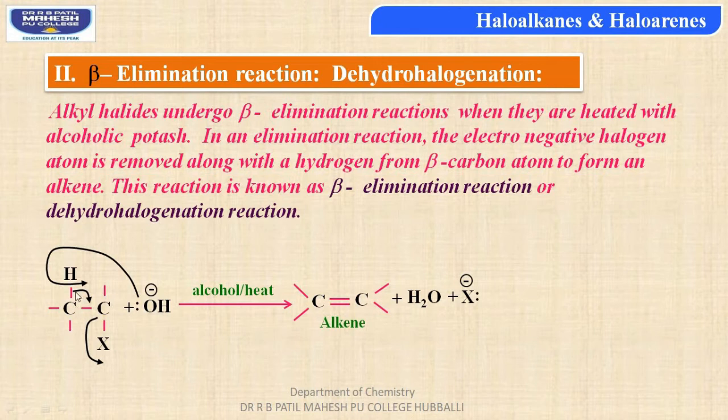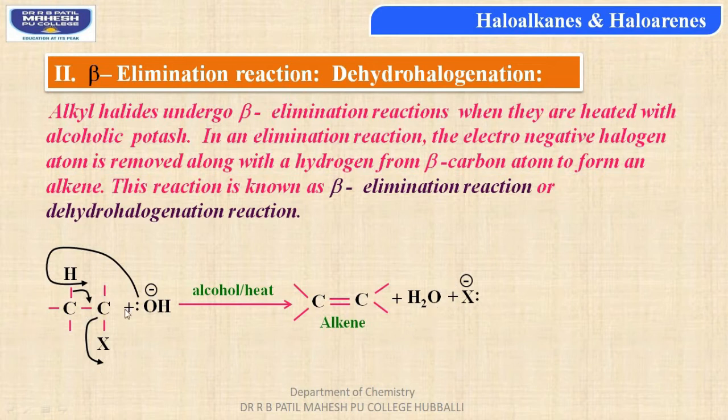As a result, carbon-hydrogen bonding electrons are given between carbon-carbon to form a double bond, that is alkene, followed by, students, removal of the halide anion, that is X minus. And when OH minus combines with the hydrogen, students, we get a water molecule.